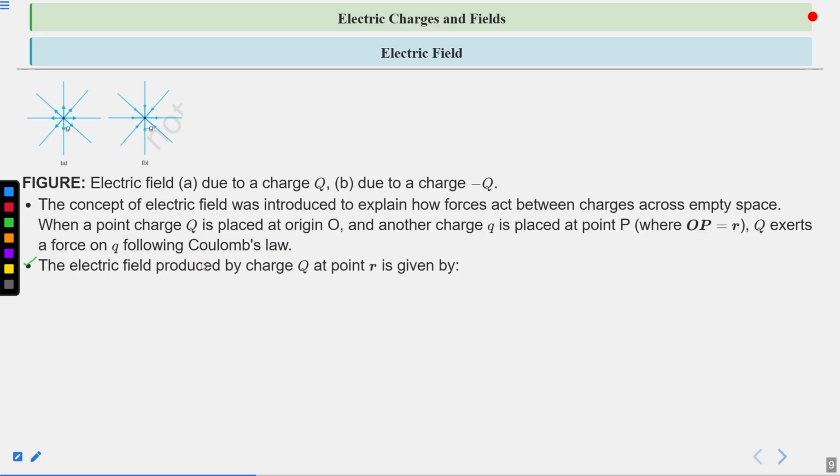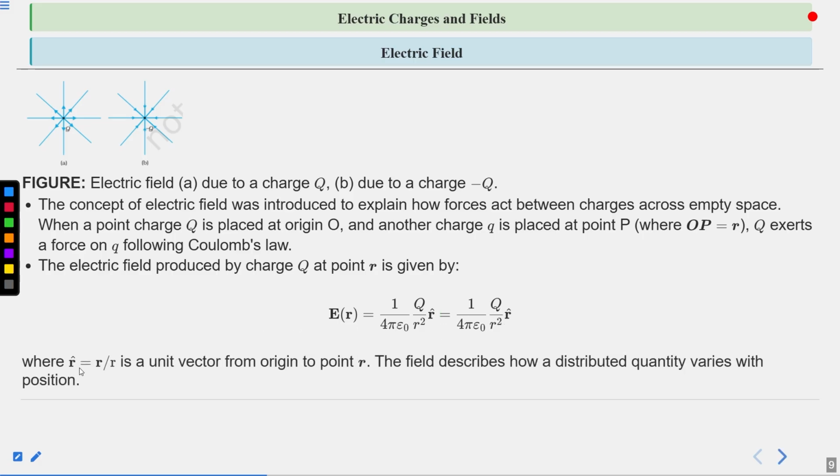So the electric field produced by charge Q at point r is given by E of r is equal to 1 upon 4 pi epsilon naught Q divided by r square r cap, where r cap is a unit vector.